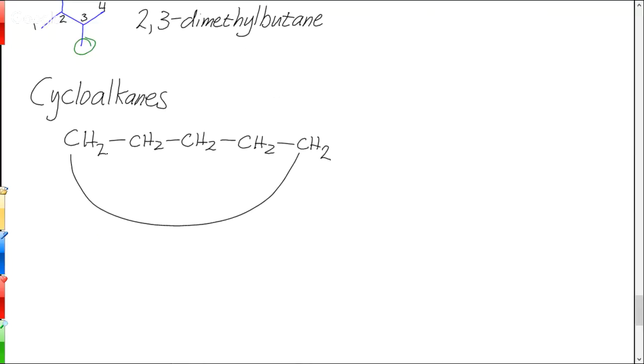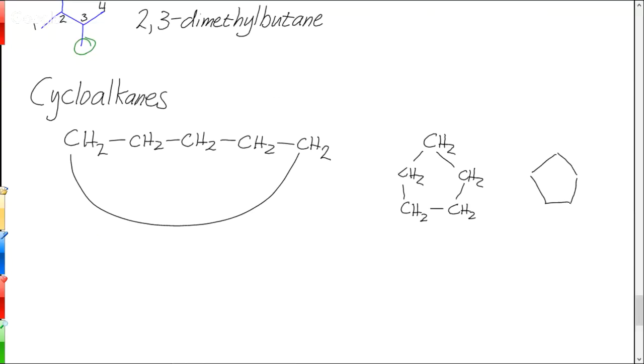That's not really how we would write it. We would space everything out again, so that we have even bonds, and you'd have something like this. We call that a 5-membered ring, or a cyclopentane.